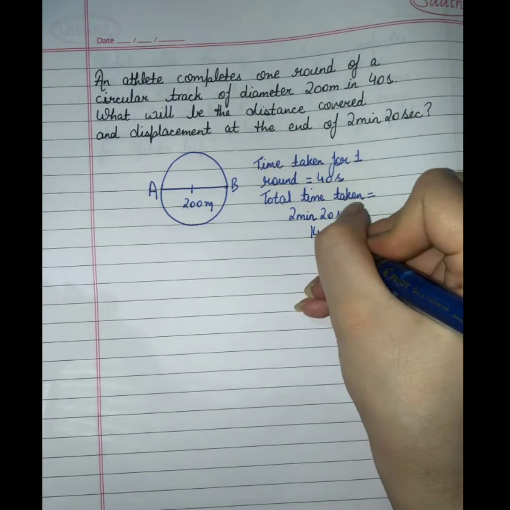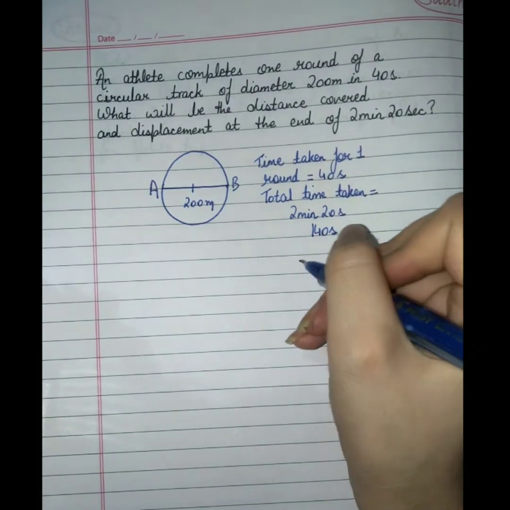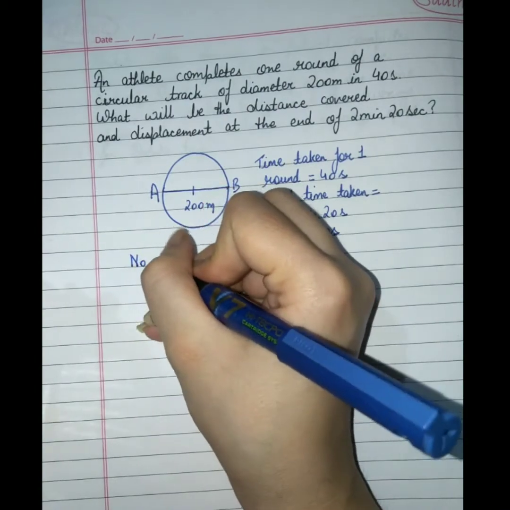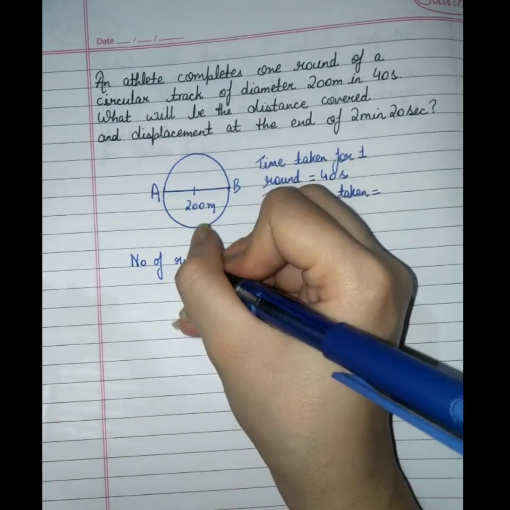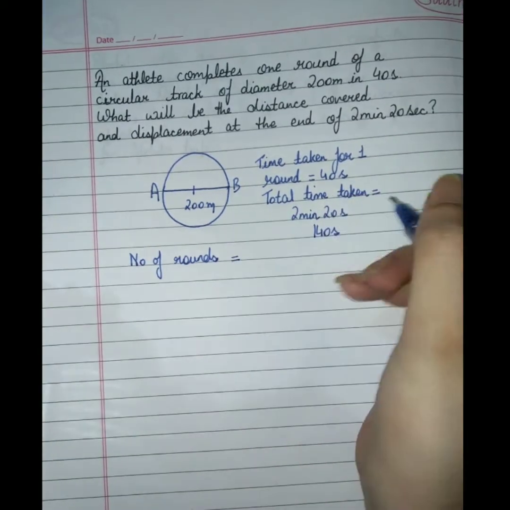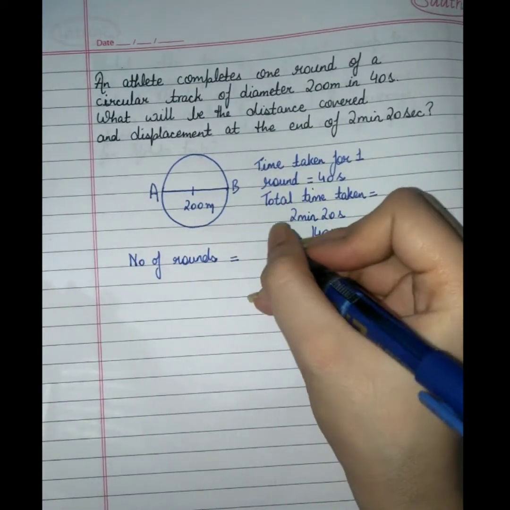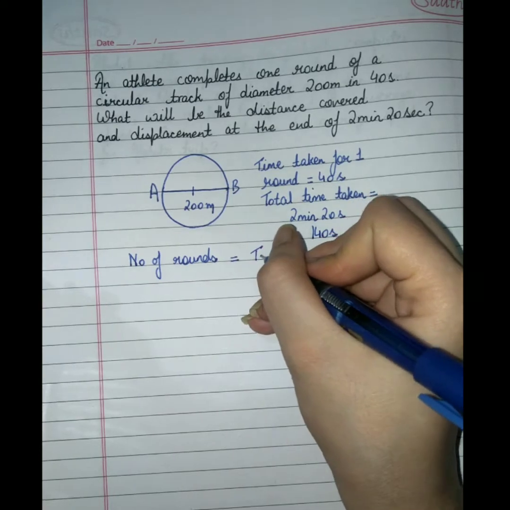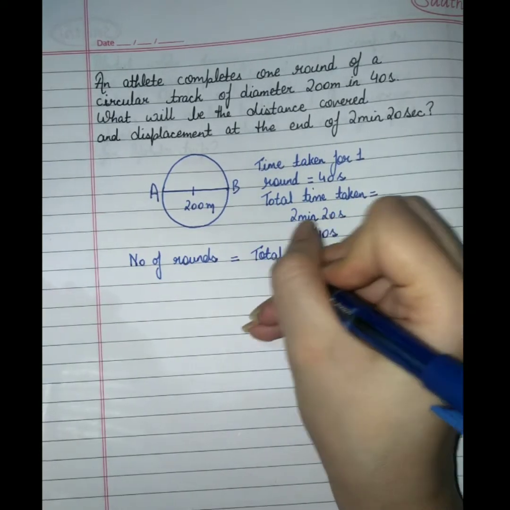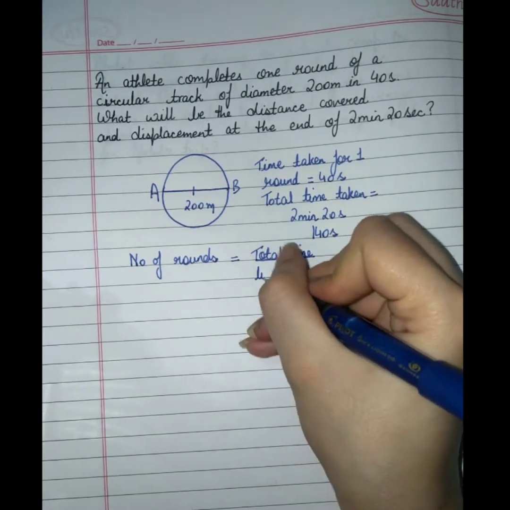It is 140 seconds. If I calculate the number of rounds, then only I can tell what would be the distance and displacement, how many rounds that athlete has taken. For that we all know that number of rounds is equal to total time upon the time taken for one round.